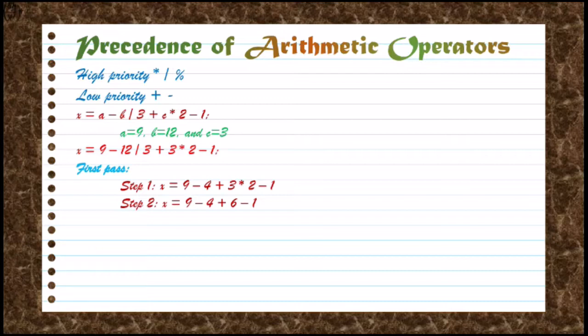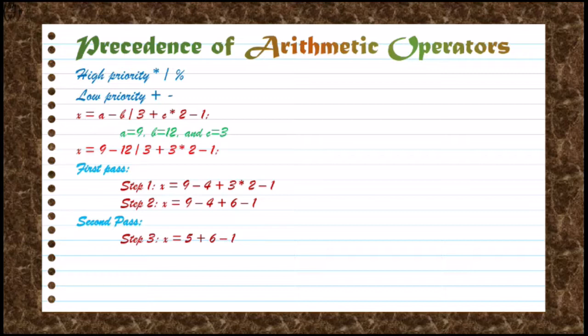If you see, all the division and multiplication symbols are over. So in pass 2, we will perform addition and subtraction from left to right. The first symbol from the left is minus. In step 3, we subtract 4 from 9, so the statement becomes 5 plus 6 minus 1.